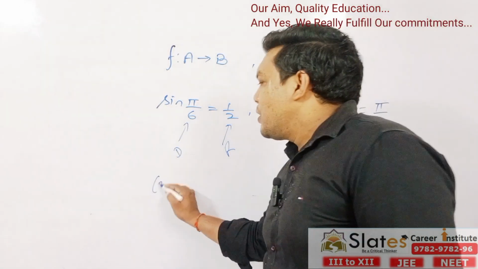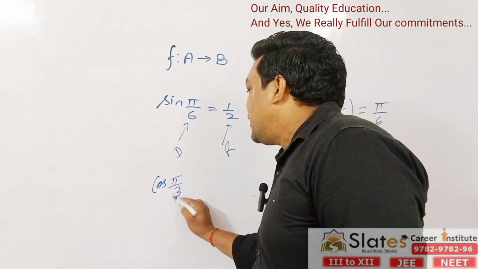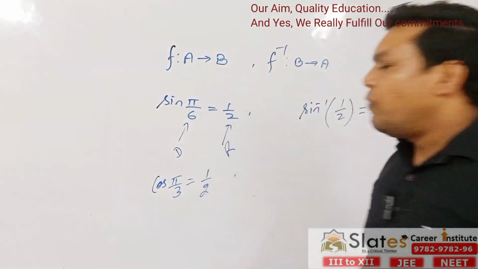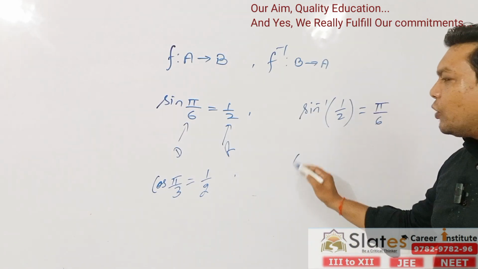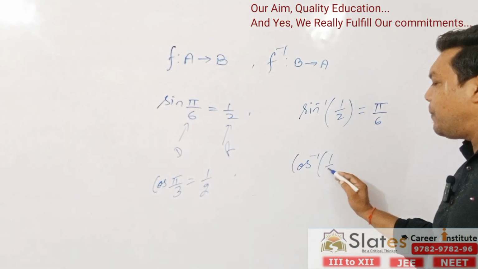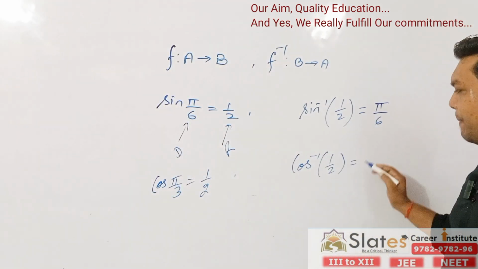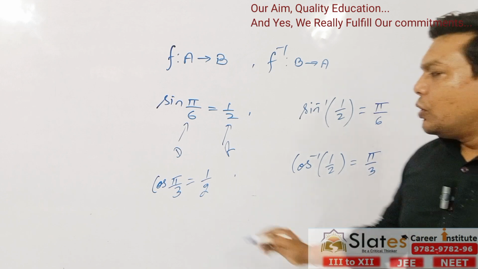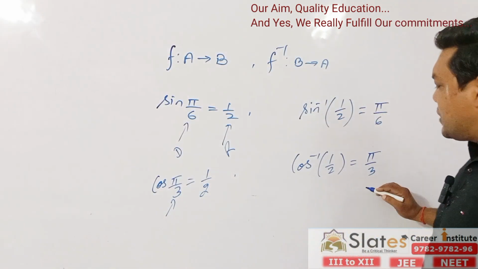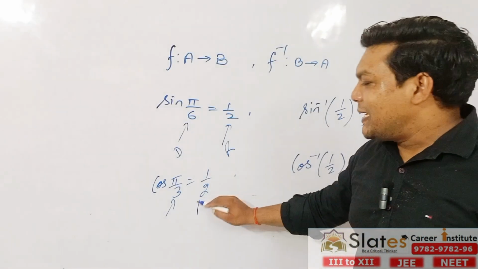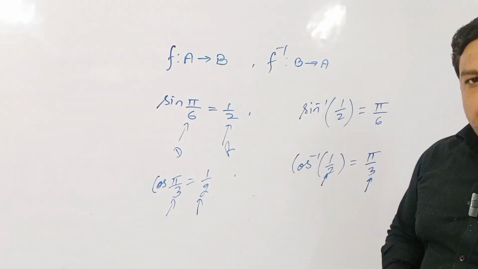Suppose we have cos pi by 3, it is also 1 by 2. If we find cos inverse of 1 by 2, it will be pi by 3. Look here, the domain becomes the range and the range becomes the domain.